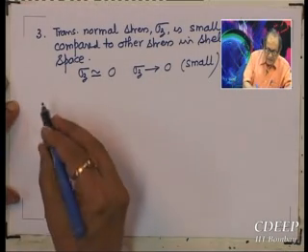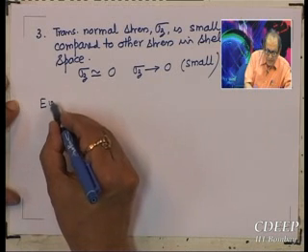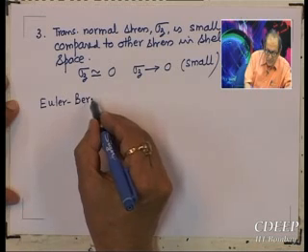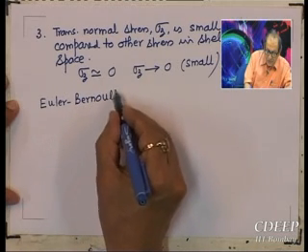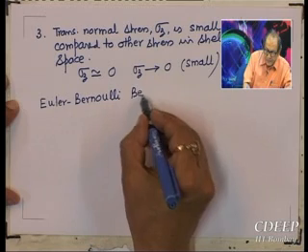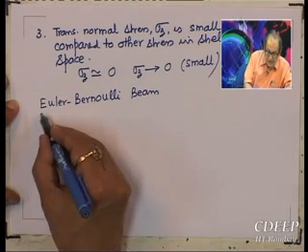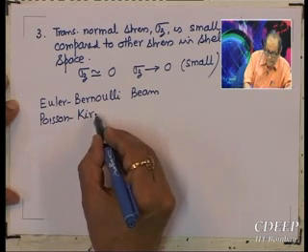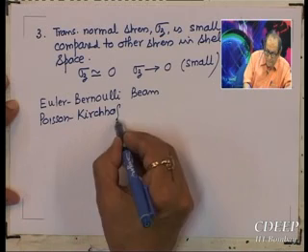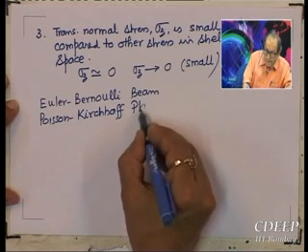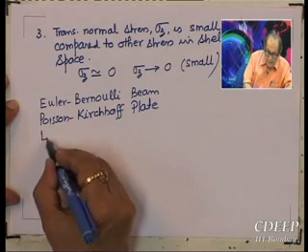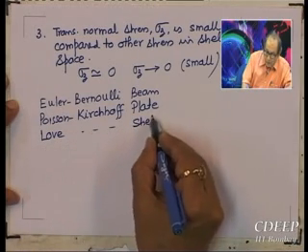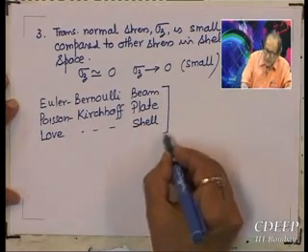So if you see Euler-Bernoulli beam, Poisson-Kirchhoff plate and Love shell, they are the same.